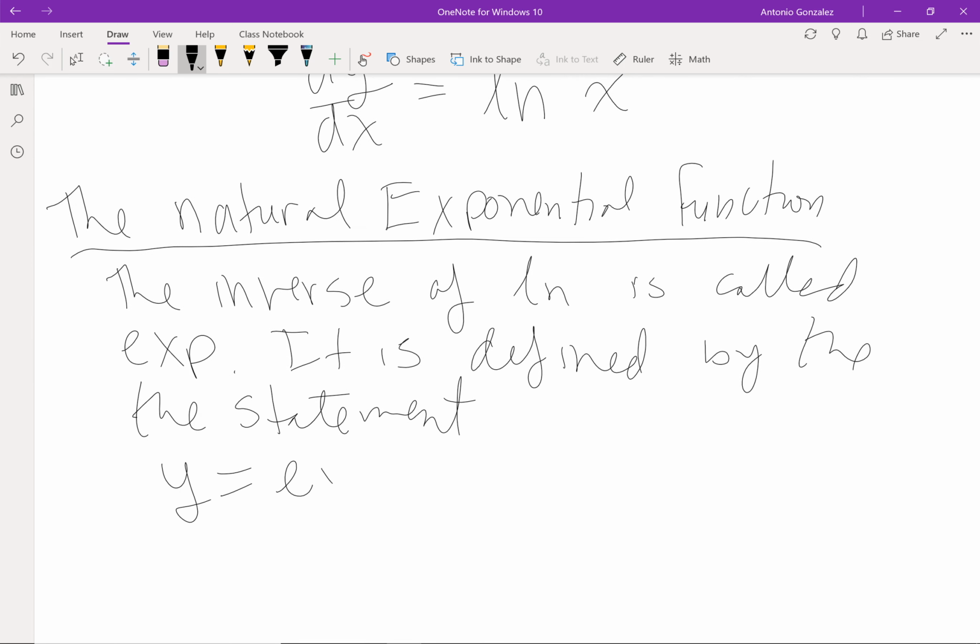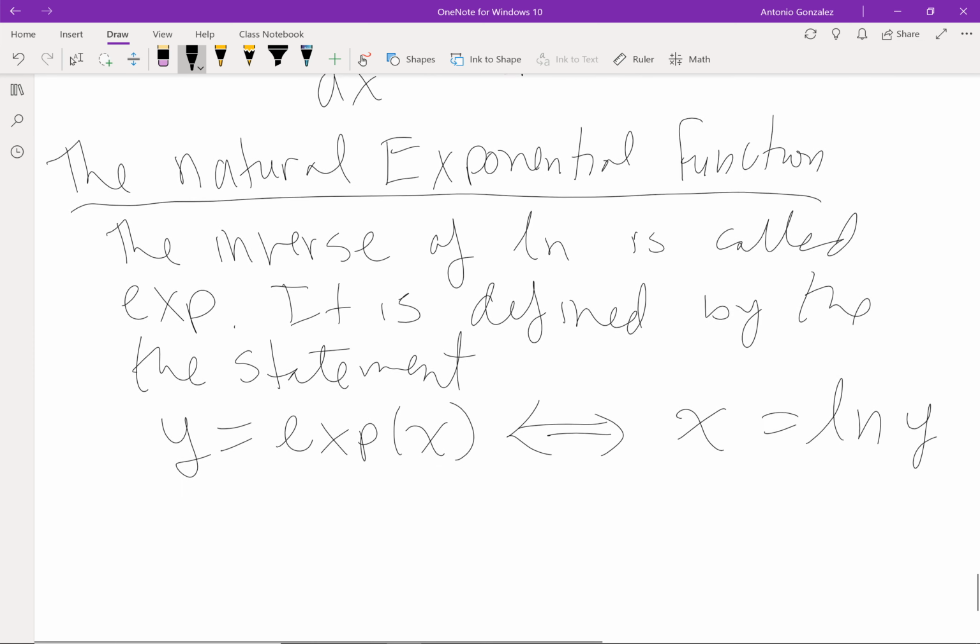If y is equal to the exponential of x, that means that, if and only if, x is equal to the natural log of y.